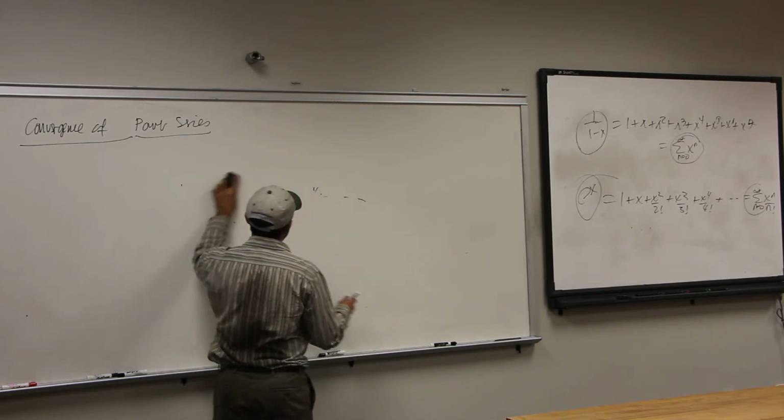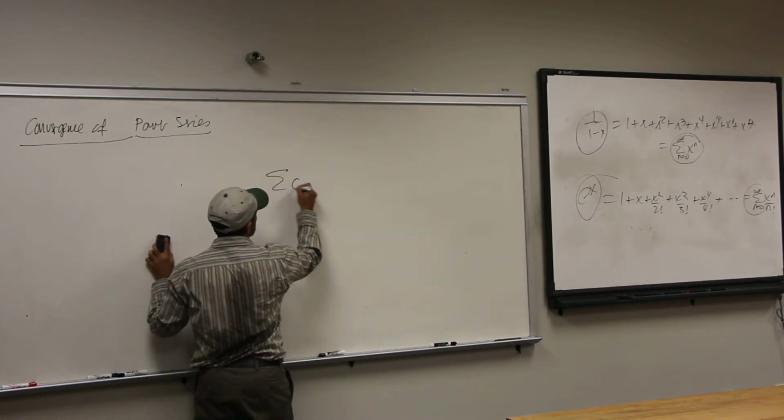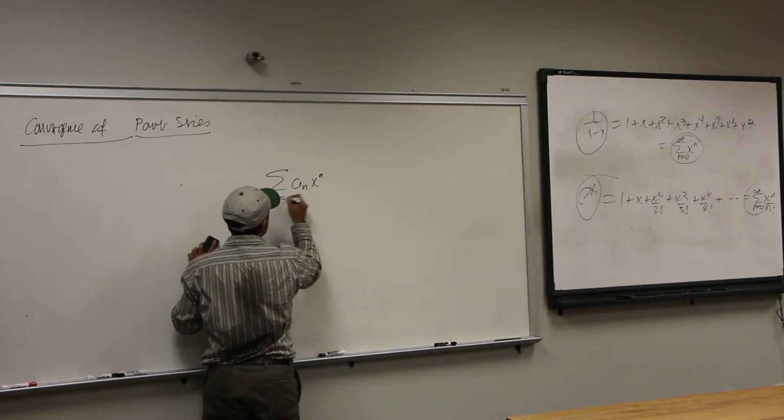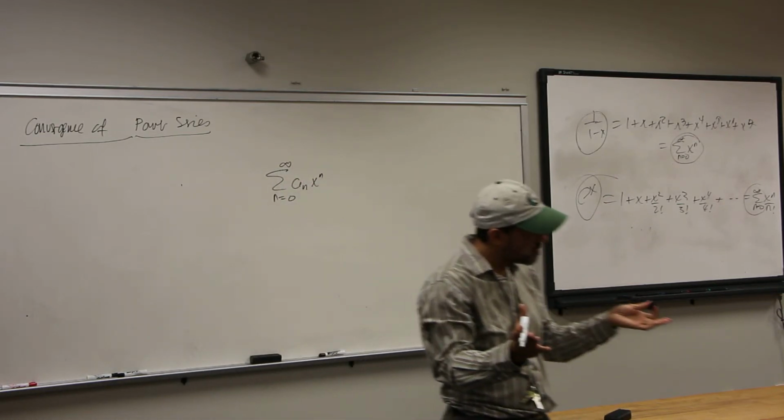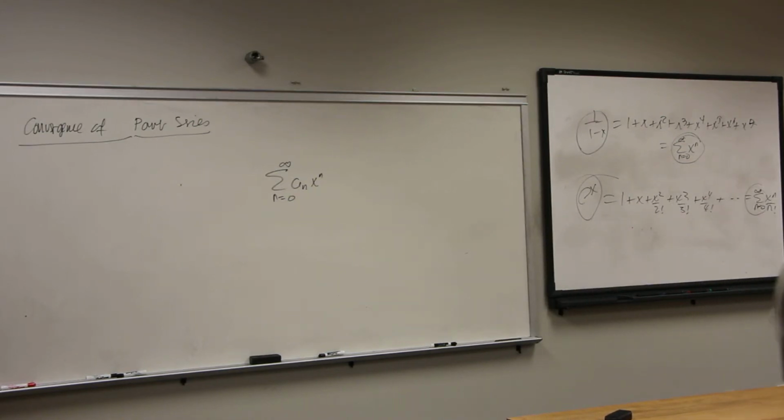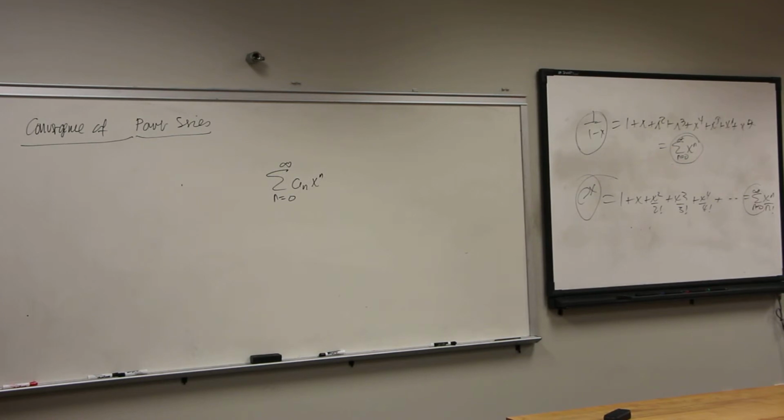Anyway, so we have an infinite power series and we want to know whether this converges. So you have your tests there: integral test, comparison test, ratio test, limit comparison test, and so on.